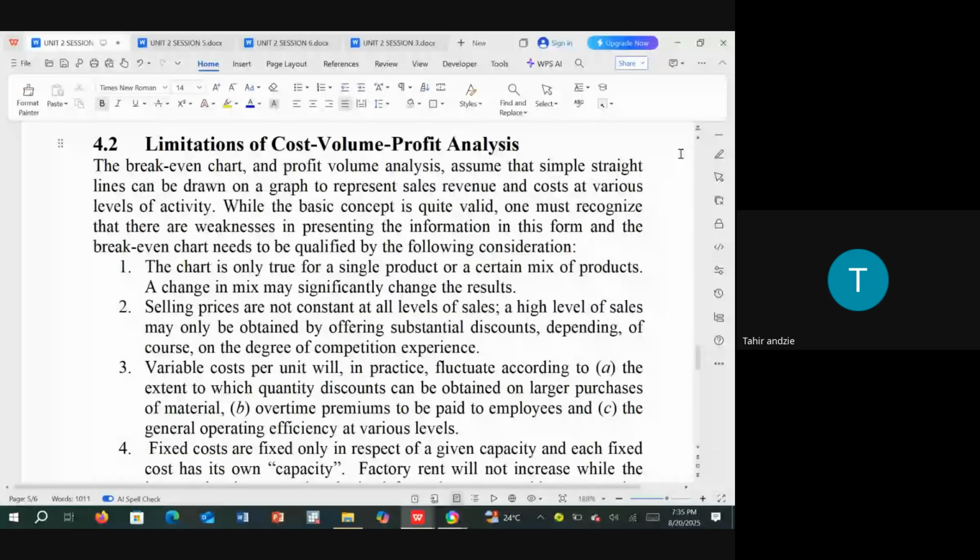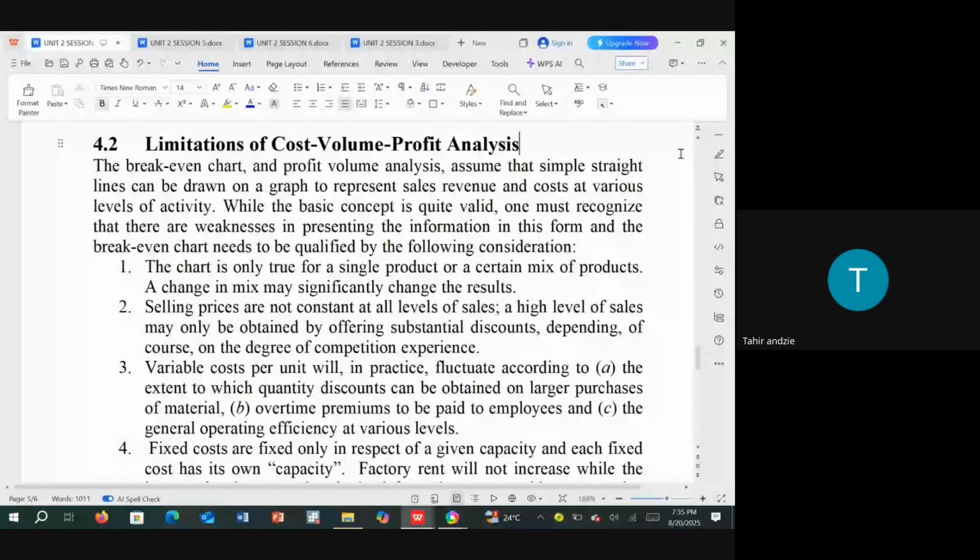Sometimes firms may give discounts by reducing their price just to ensure a high level of sales if there is competition. Sometimes we may charge a higher price because there is a shortage and we are monopolizing the sales. So all this dynamism may not necessarily make the selling price constant.